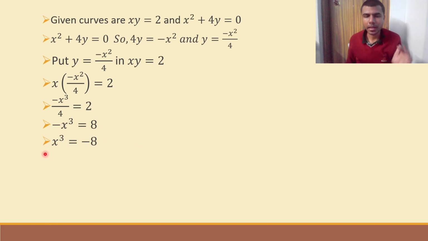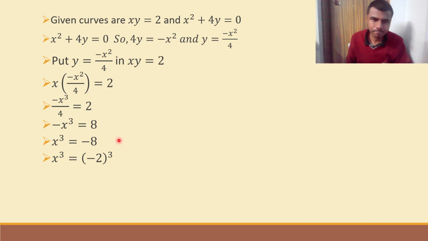Now my LHS is a cube, x cube. I want my RHS also to be a cube, so I'm going to write minus 8 as minus 2 whole cube, because 2 cube is 8 and minus 1 whole cube is minus 1. Now x cube is nothing but minus 2 whole cube. So what will be x? x is minus 2. That's it.